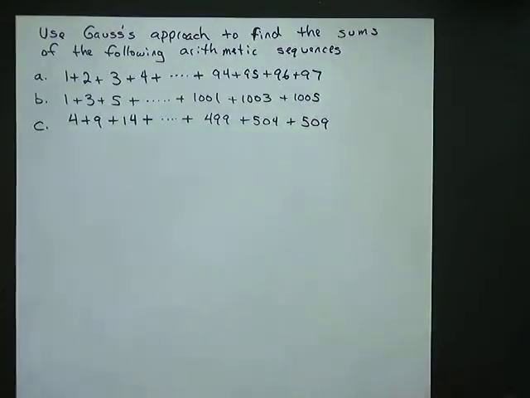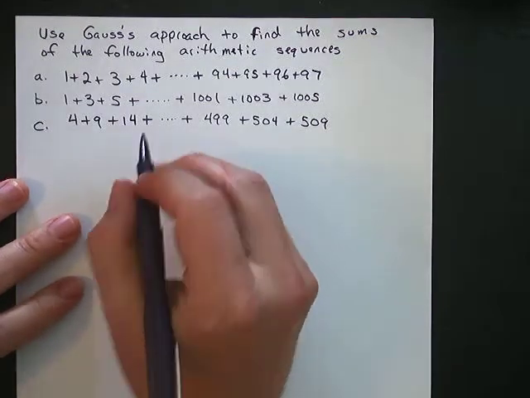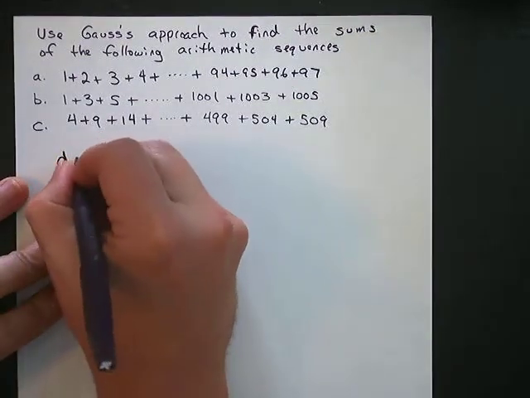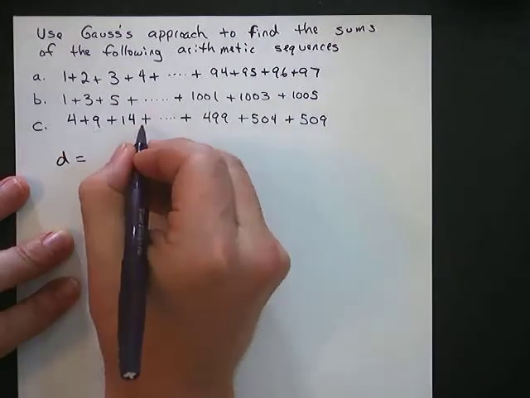We have 4 plus 9 plus 14 plus, and so on, plus 499 plus 504 plus 509. Okay, so if you remember, we find the common difference first. I'm going to skip some steps on this one since we did it twice already. The common difference is 5. You can just subtract any two terms.